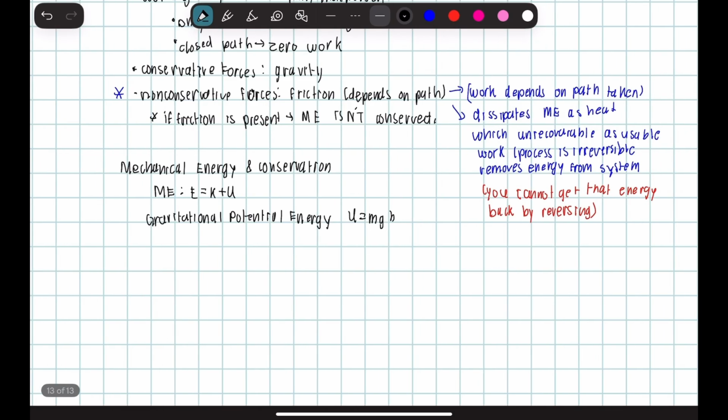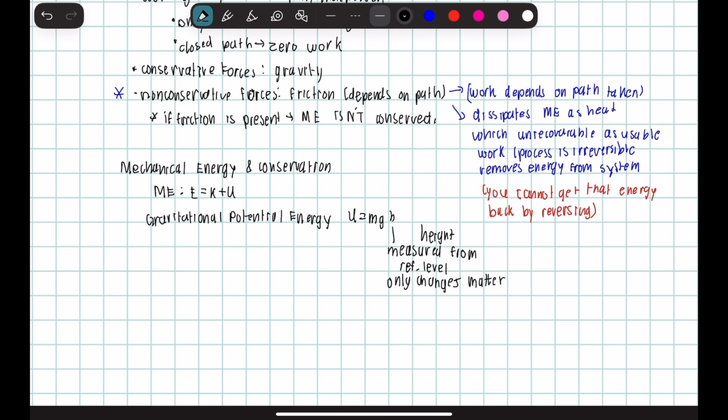And remember that the height is going to be measured from a reference level, and that only changes matter.